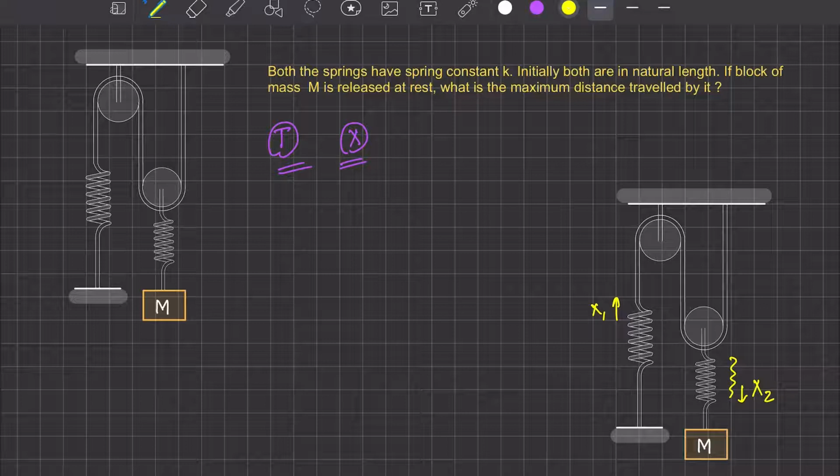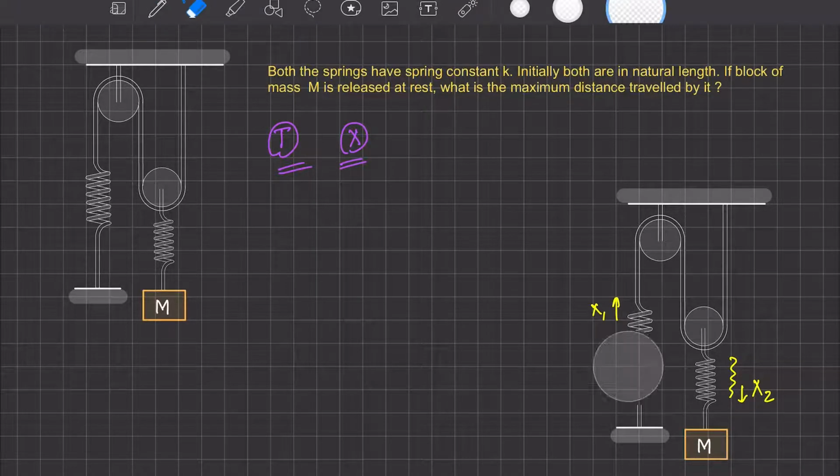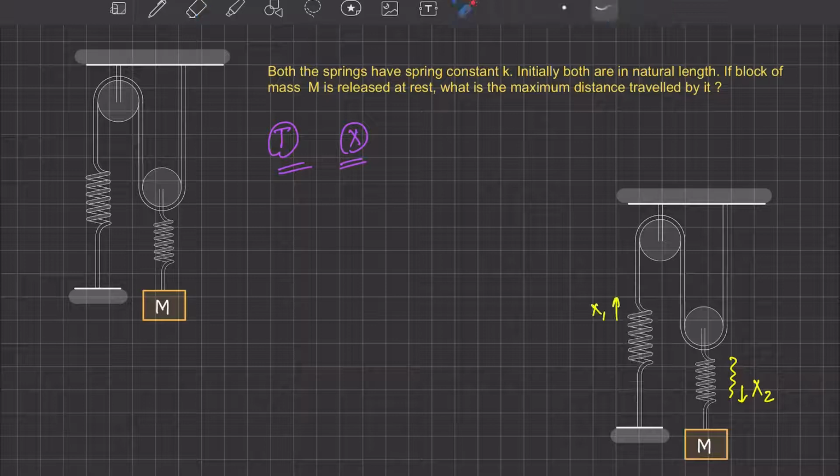Now if this spring gets stretched by x1, then this will move this pulley down, and if this spring also gets stretched, then this mass will also move down. So the mass will move because of both of the springs.